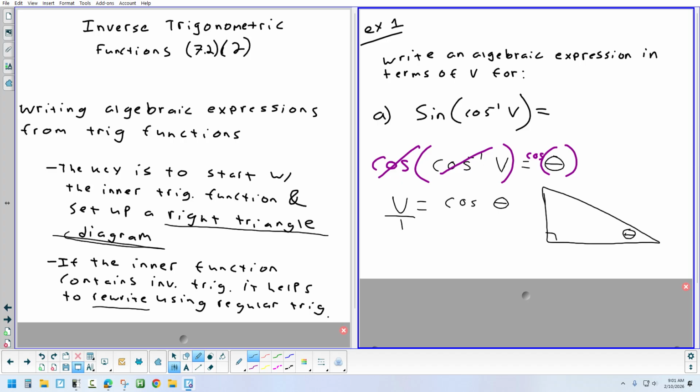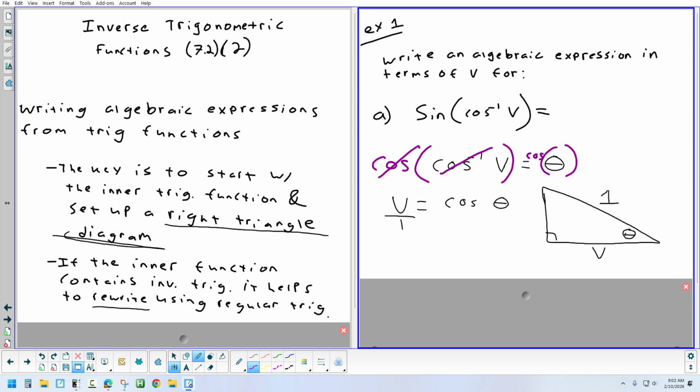V. And what would be the label for the hypotenuse? 1. Exactly. So that diagram that we just drew represents our situation. We have an angle where the cosine comes out to v.